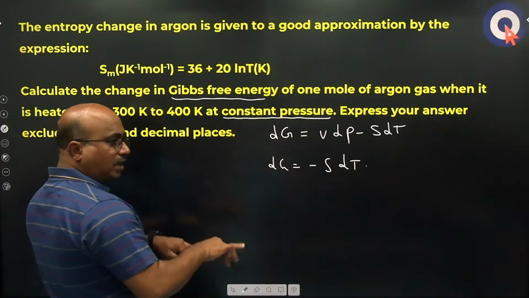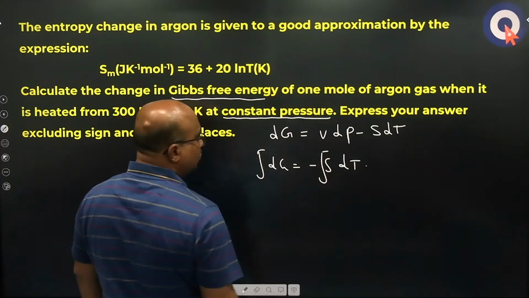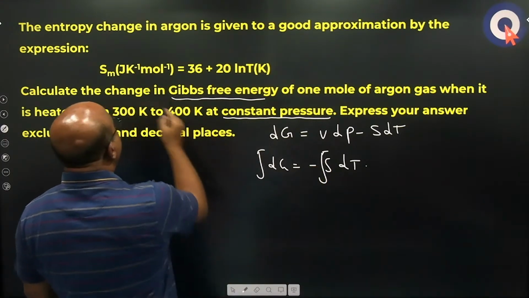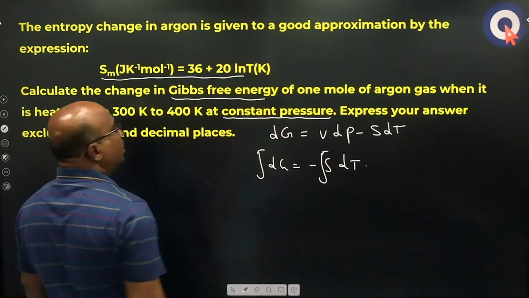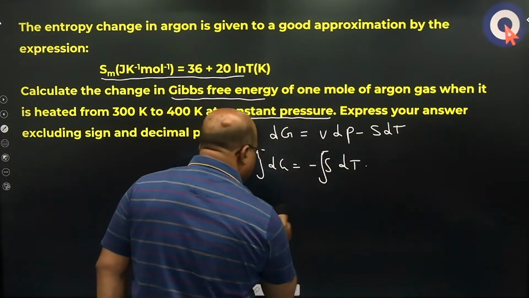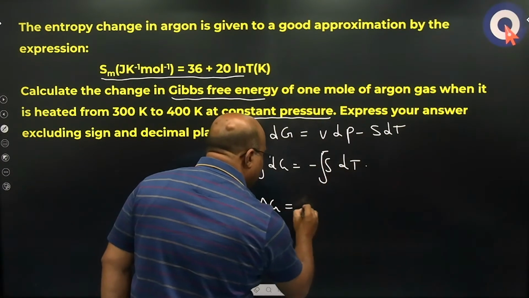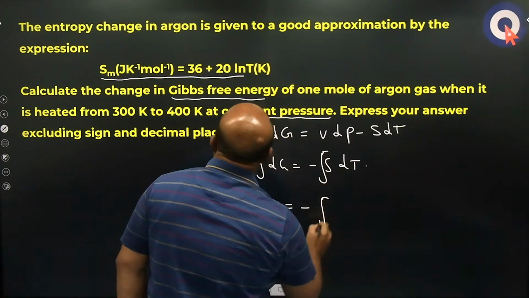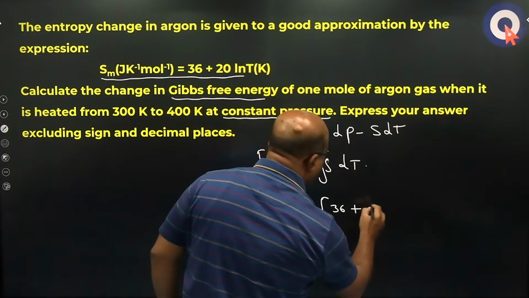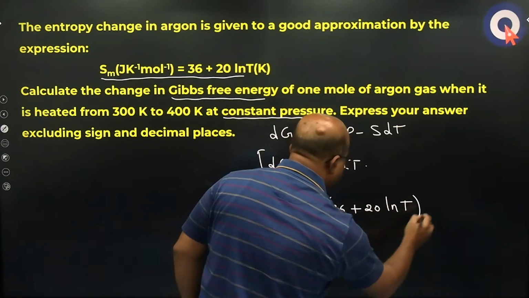If we want to calculate the total, then it is the integration of this. The entropy is given as a function of T, so delta G is minus the integral of (36 plus 20 ln T) dT.